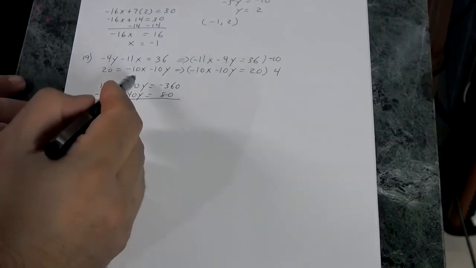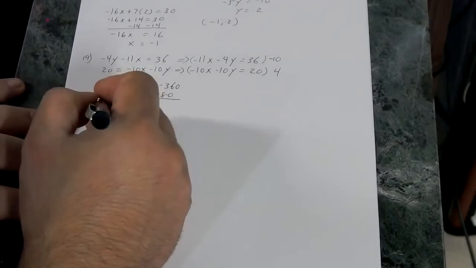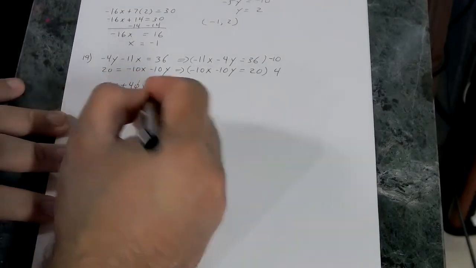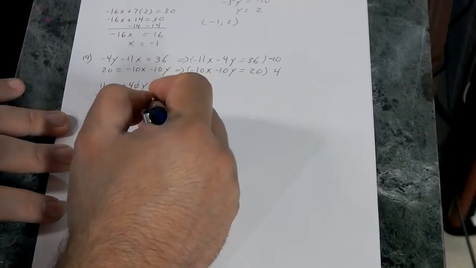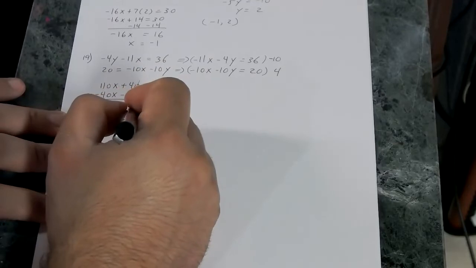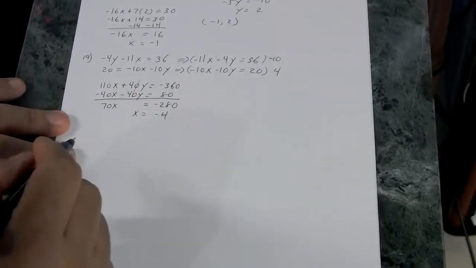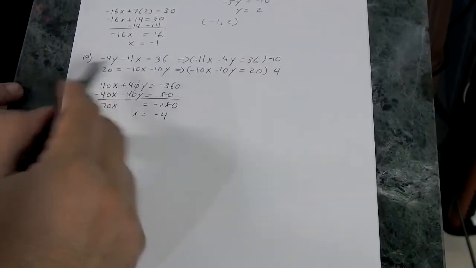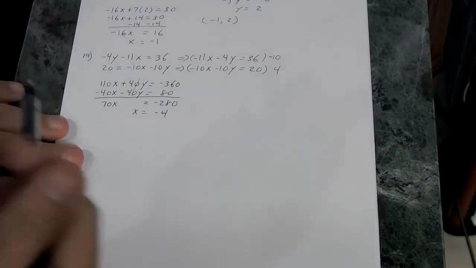As you see, I just eliminated the y's. 110 minus 40 is 70. Negative 360 plus 80 is negative 280. Okay, dividing by 70, x is negative 4. We go back to one of the original equations and plug in x to be negative 4 and solve for y. It really doesn't matter.